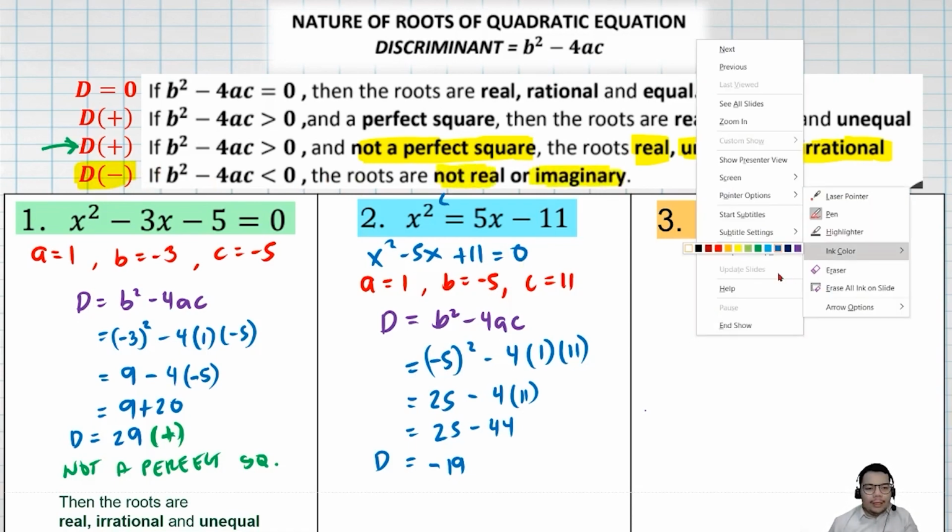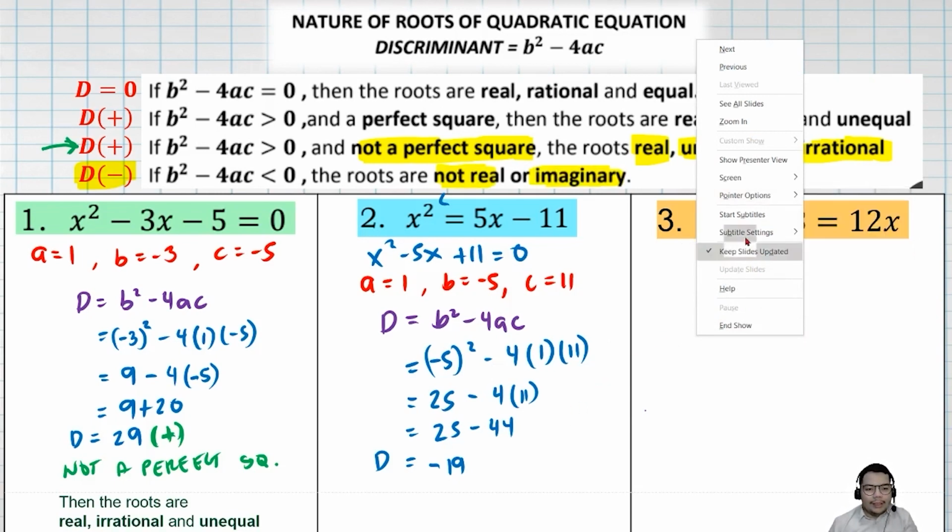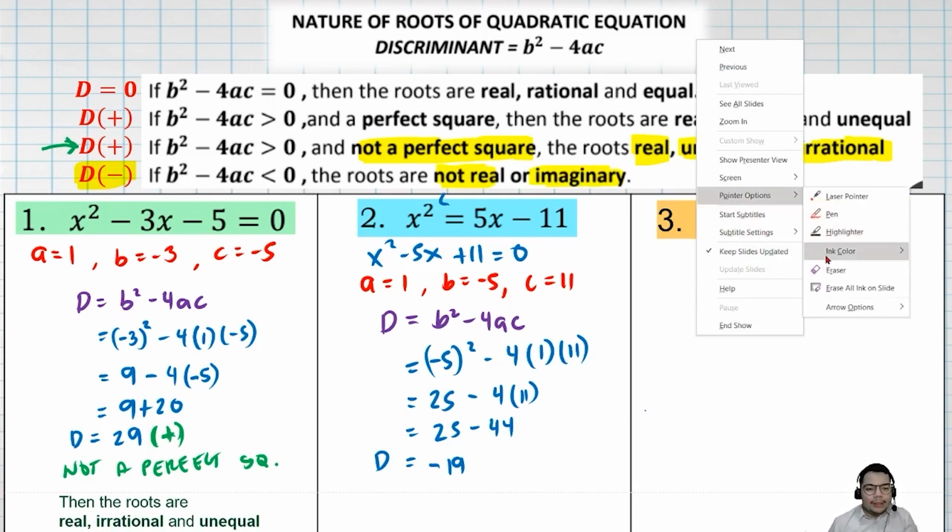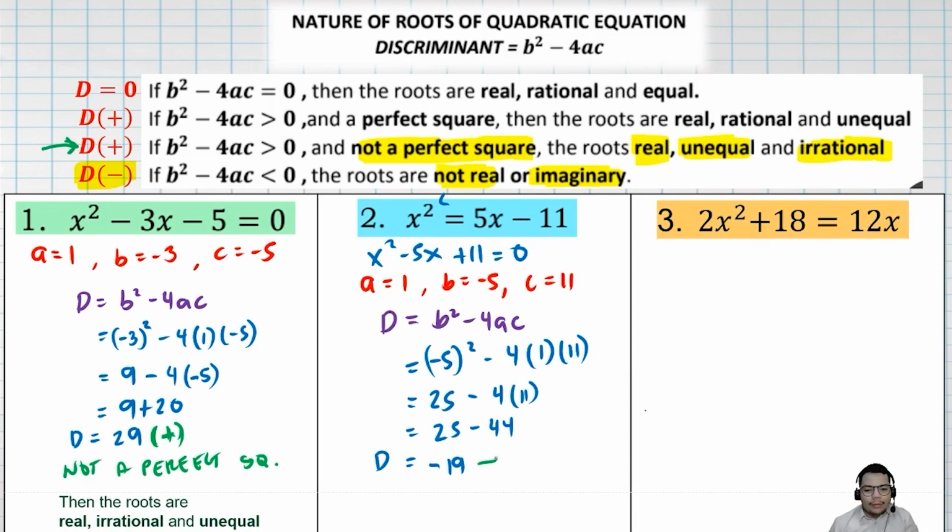So, ang case niyan, if it is negative, so since our discriminant is negative, therefore the roots are not real or imaginary. So we don't need to classify anymore if it is equal or rational or irrational. So kapag not real or imaginary, okay na yung roots, okay na yung characteristics of the roots na yun.